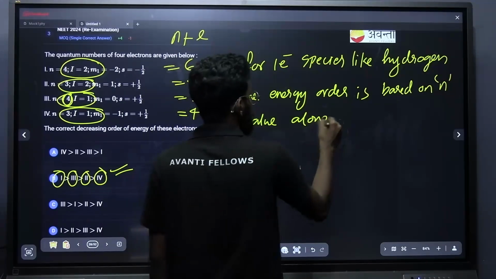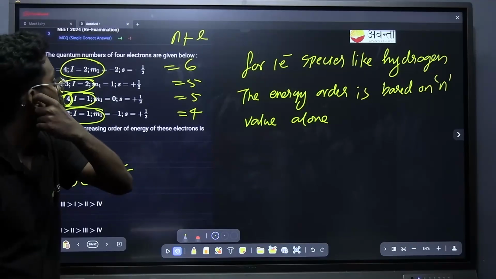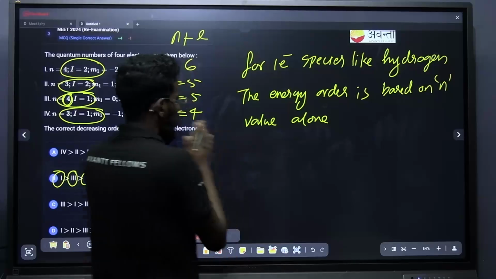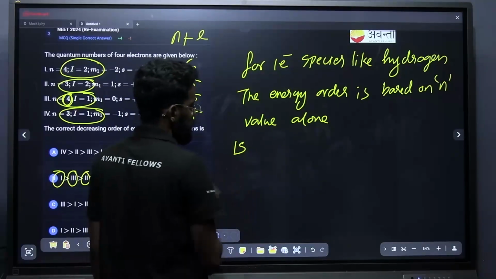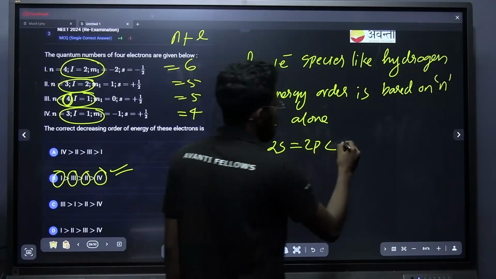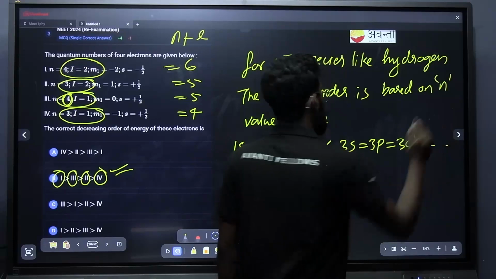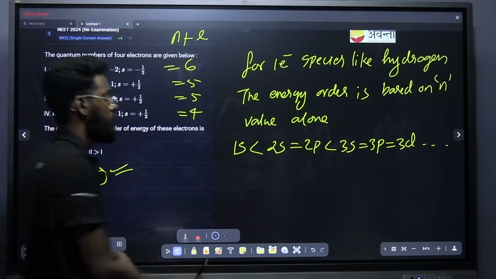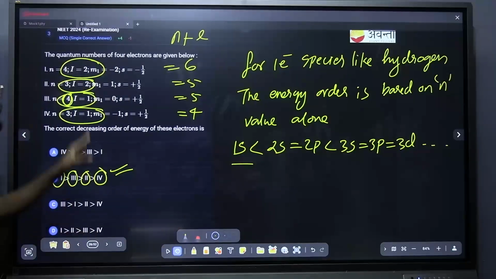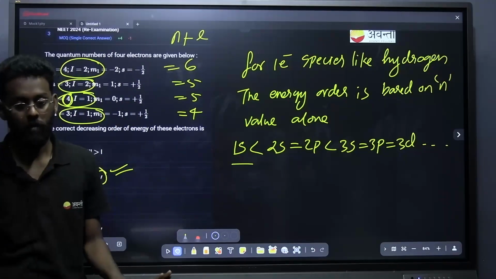For one electron species like hydrogen, the energy order is based on n value only. I will write the energy order: 1s has less energy, then 2s has equal energy to 2p, then 3s, 3p, and 3d, like that it will go. I want you to note this down. For all other electron species, the n plus L rule will be applicable. For one electron species, the n rule will be applicable. Take a note of it.